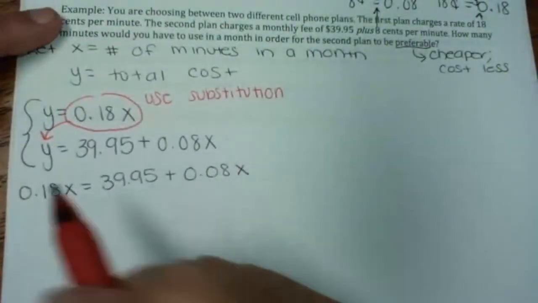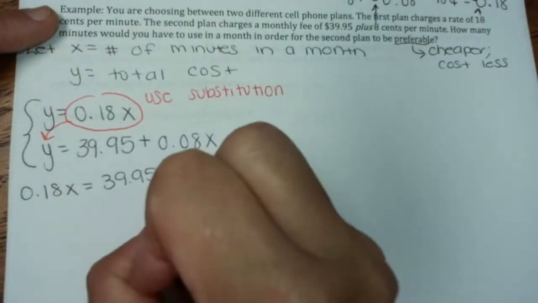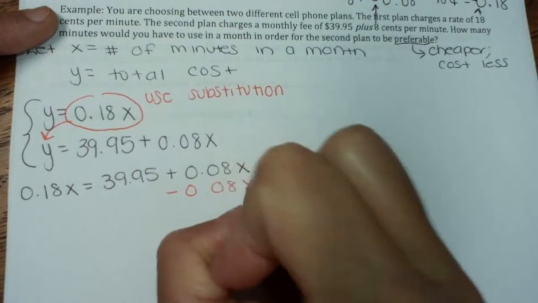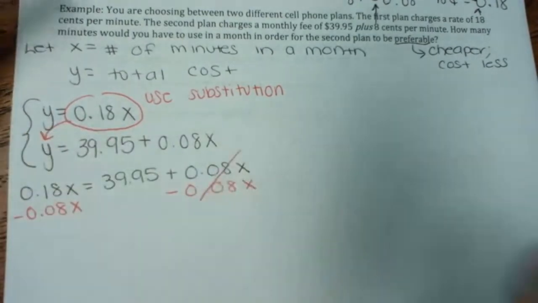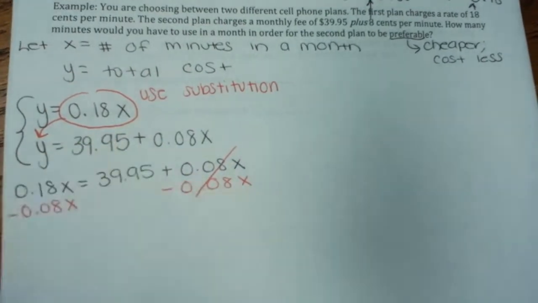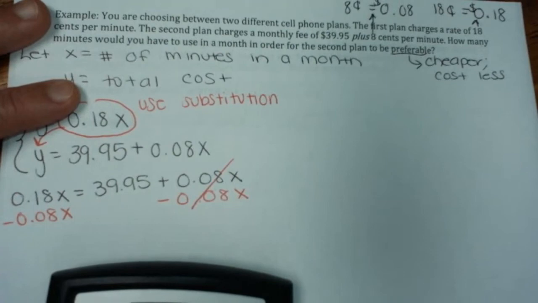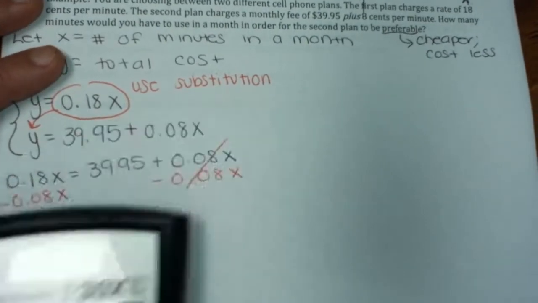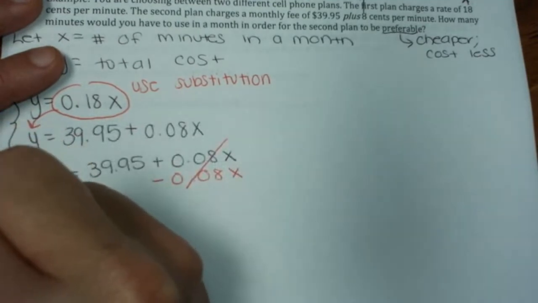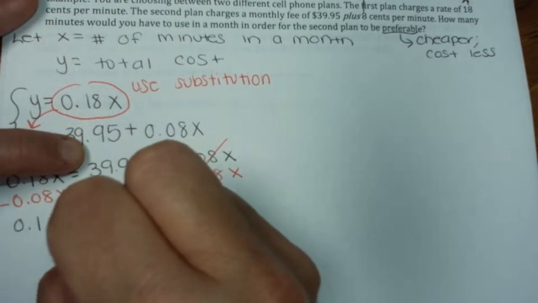Let's move this x over here with these other x's. So we're adding 0.08x, so let's subtract it to bring it to the other side. So subtracting 0.08x from both sides. That way those cancel out. And we're left over with 0.18x minus 0.08x, and that will give us 0.1x equals 39.95.